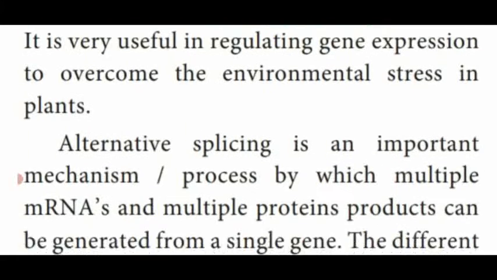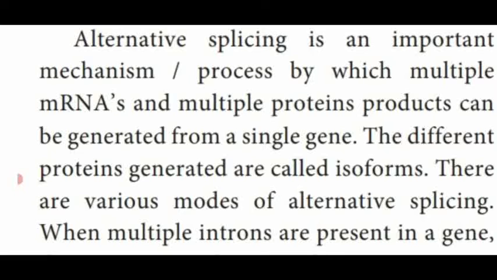It is an important process in which multiple mRNAs and multiple protein products are generated from a single gene. That is, multiple mRNAs and multiple proteins are produced by a single gene. These different proteins are known as isoforms.